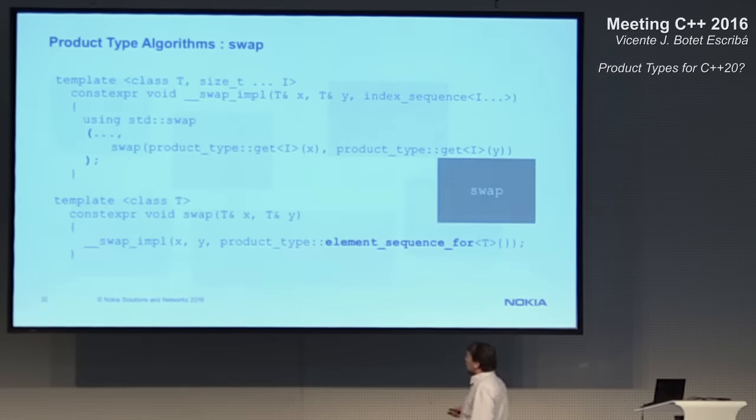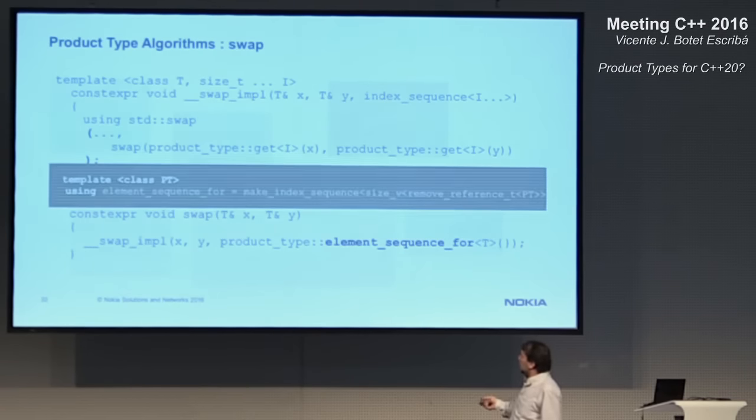Let's see how swap could be implemented with C++17. We have the swap function that will call an auxiliary function, swap implementation, on which we will pass the index of the elements of this product type. I have used for that an element sequence so that we have the index associated to this product type, taking into account the size. Then here I have an error.